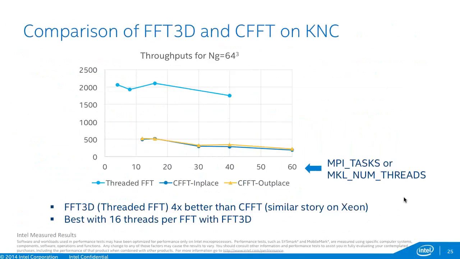So this is an example on KNC. As you can see, the x-axis is either MPI tasks for the cluster FFT or the number of threads. The good news is that both of them do scale pretty well. And the throughput is pretty constant. There isn't much of a hit from using more MPI for parallelism.